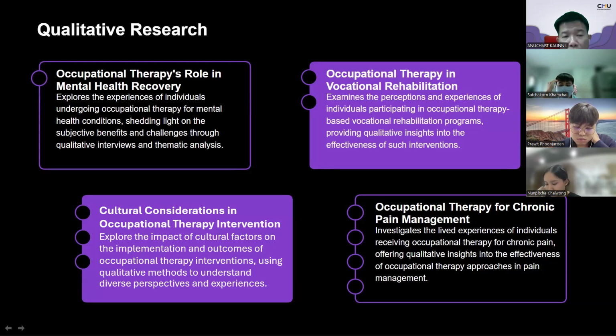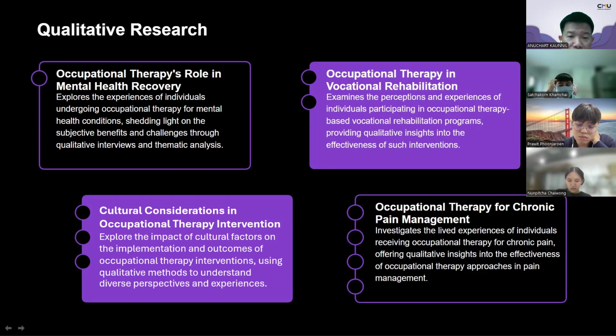For example, the occupational therapy role in mental health recovery. They explore experience, and experience is not a number. They can tell their story as individuals undergoing an occupational therapy program or condition. This shows their reflection on benefits and challenges, through interviews.